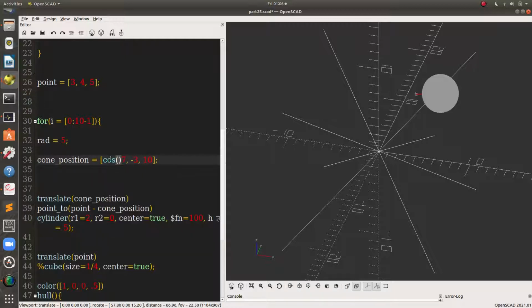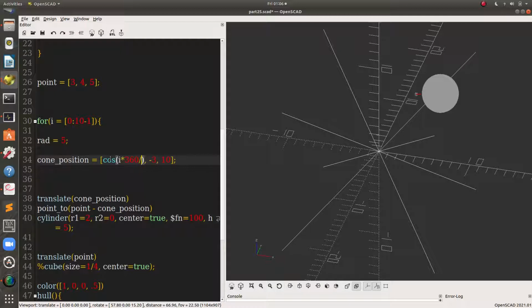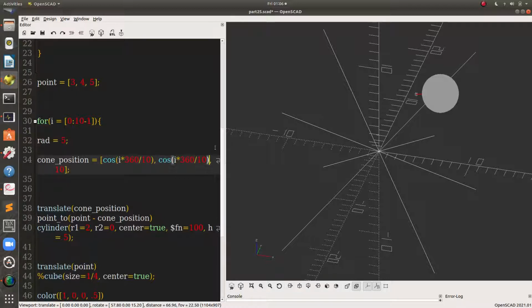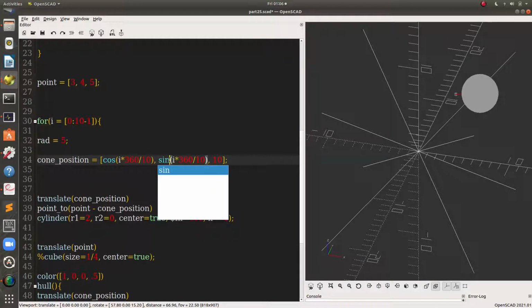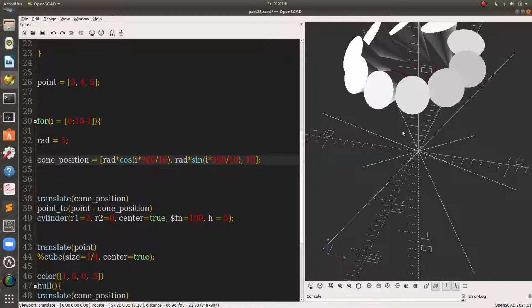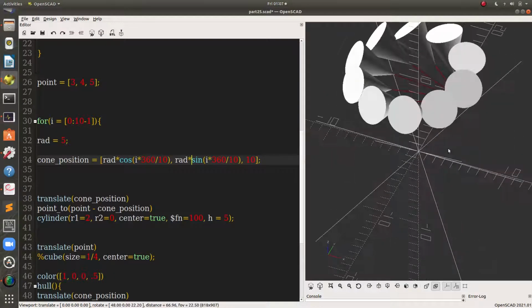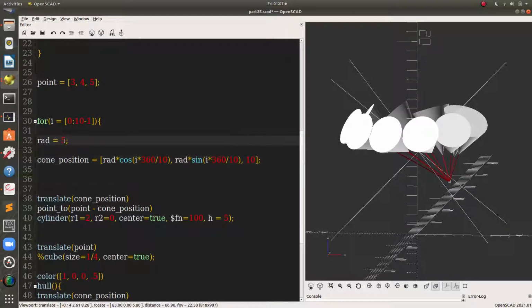Cos of i times 360 over 10, sine, and we multiply by the radius. And we get all these almost like laser beams. Let's make this a little bit larger.